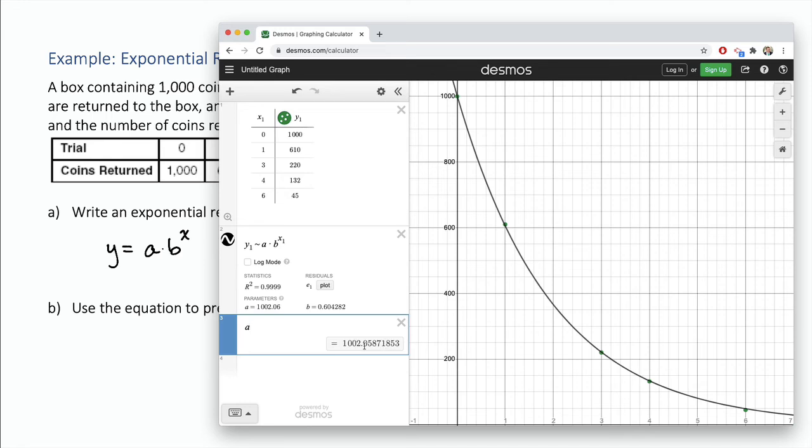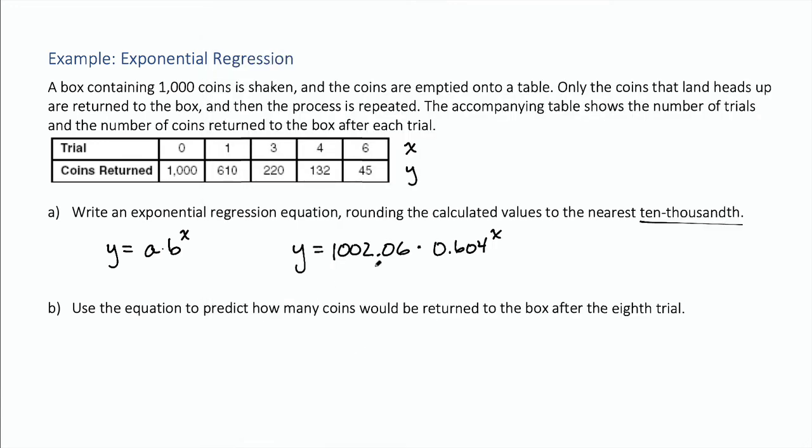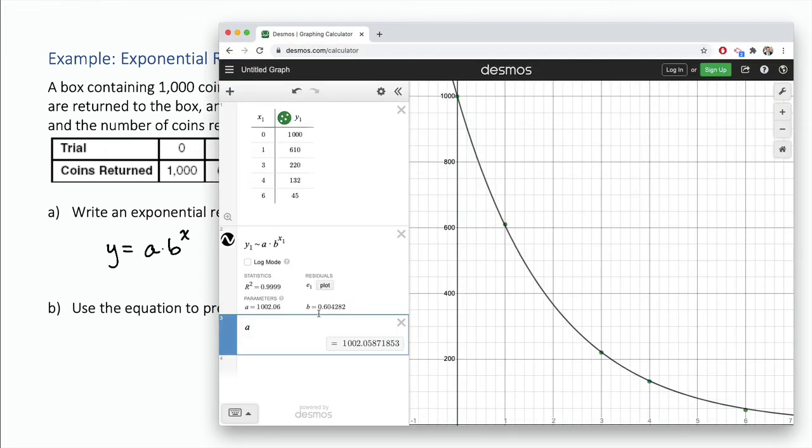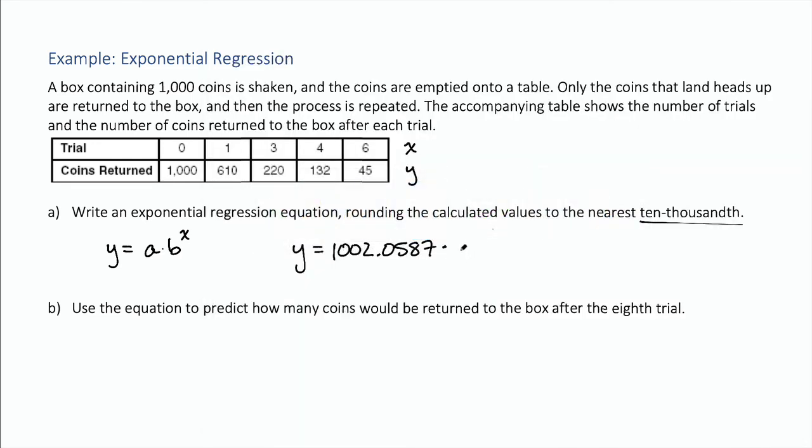The 10,000th is 4 decimal places, so a is 1002.0587 times, and b to 4 decimal places is 0.6043, to the x. So that's our best exponential regression model for this situation.